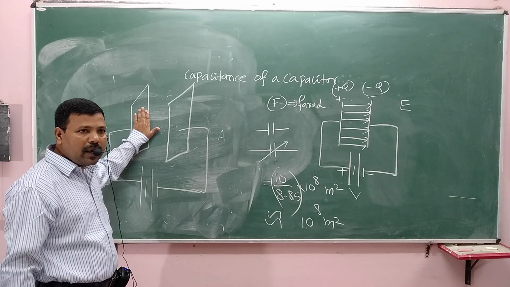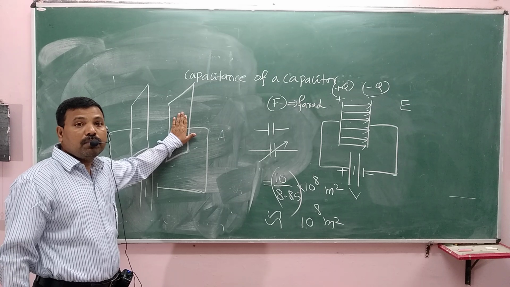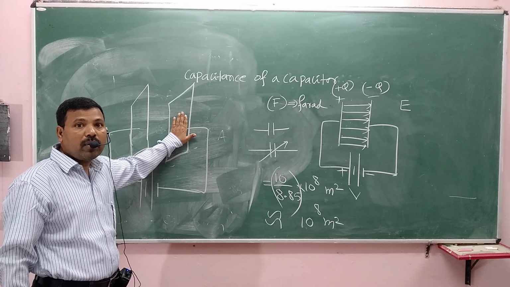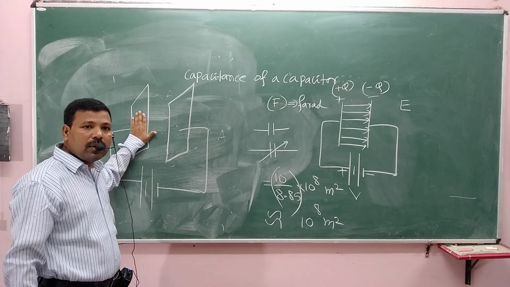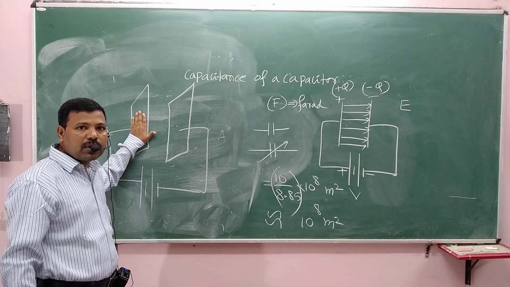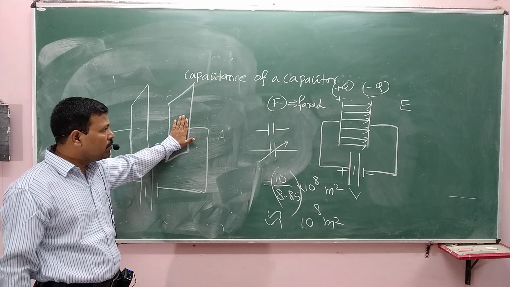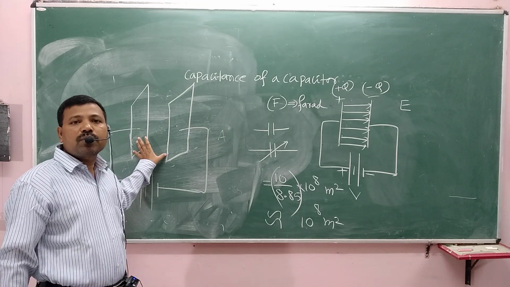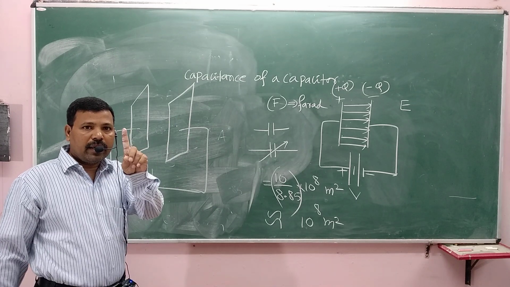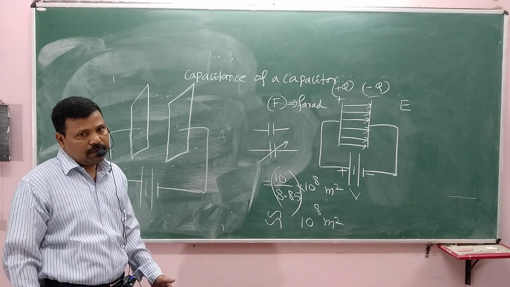The area of this plate and the area of this plate should be equal to 10 raised to 8 meter square. Then its value will be 1 farad, which is impossible.